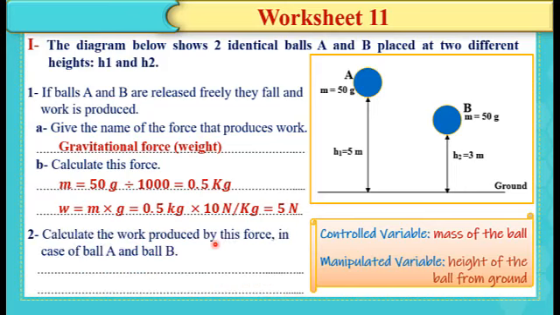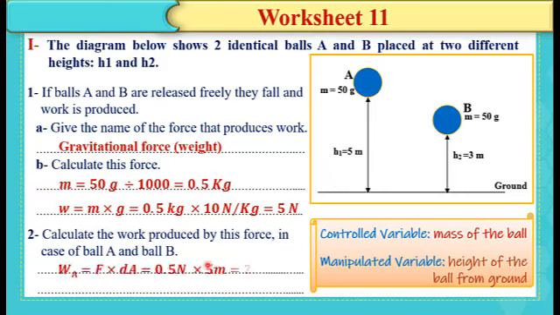Calculate the work produced by this force in case of ball A and ball B. To calculate the work, we start with the formula. Work will be equal to the force done multiplied by the distance. So here the force is weight, so weight multiplied by the height, which is the distance.